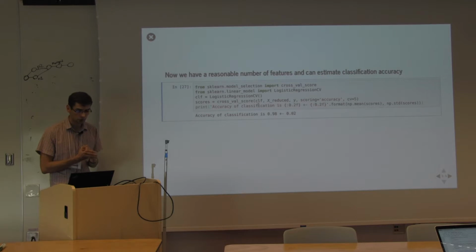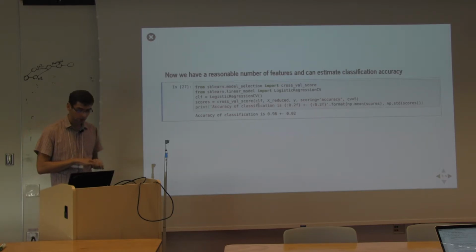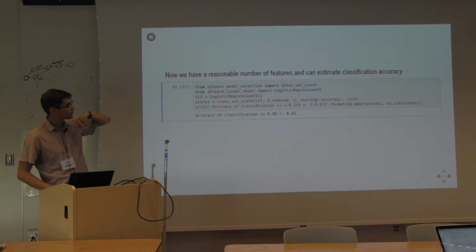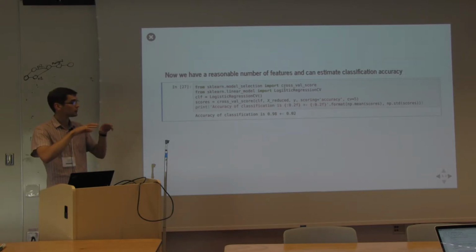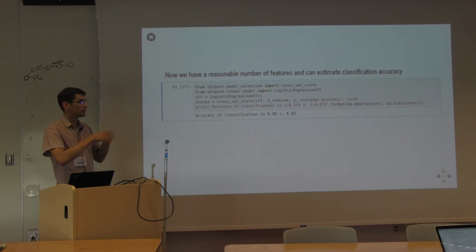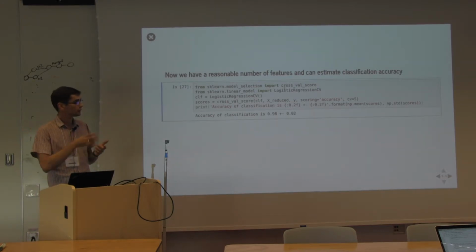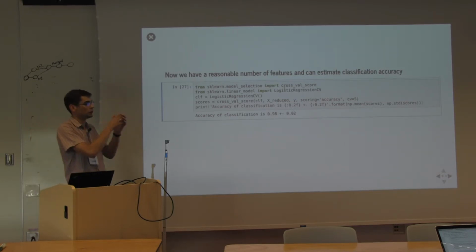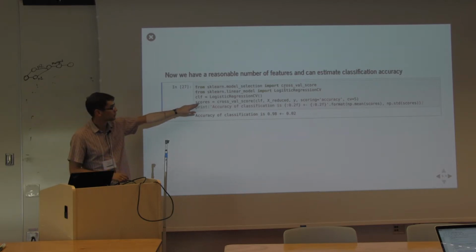Here I use logistic regression and an automatic method from scikit-learn, which internally performs cross-validation. It splits our data set into 5 parts, trains 5 different models, and estimates accuracy for each split, for each part of the data, and then returns these scores.